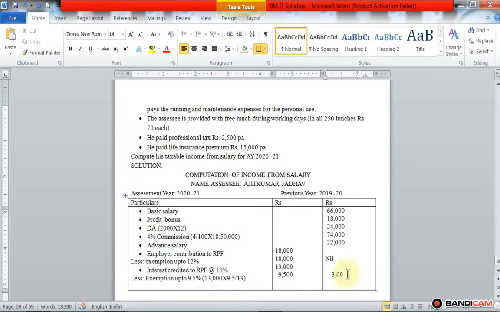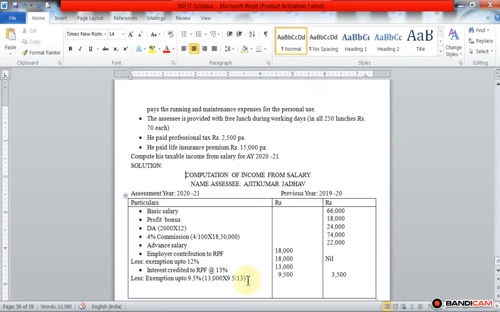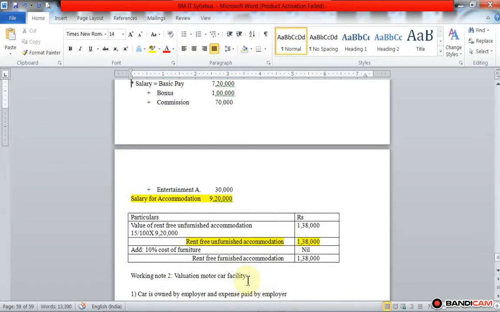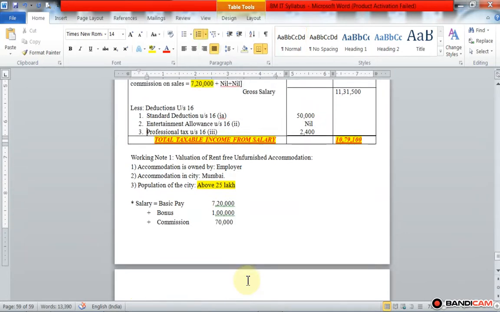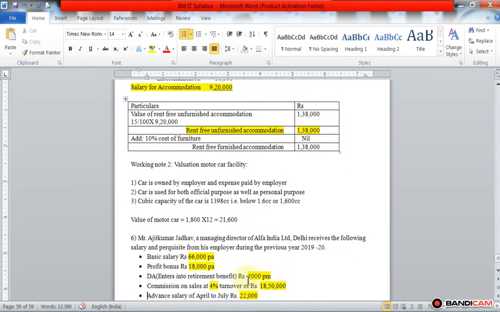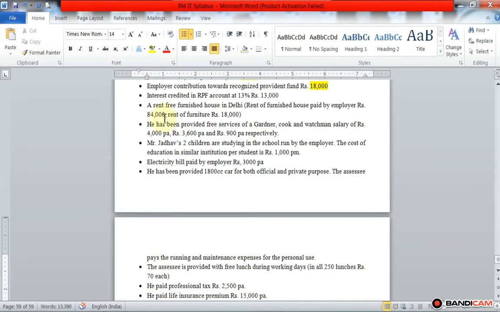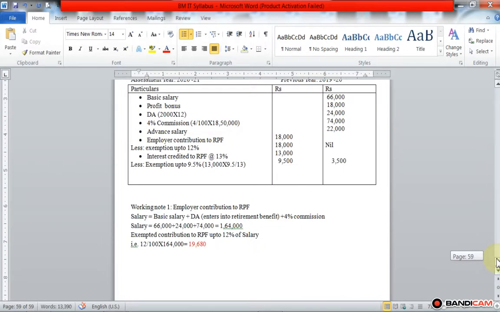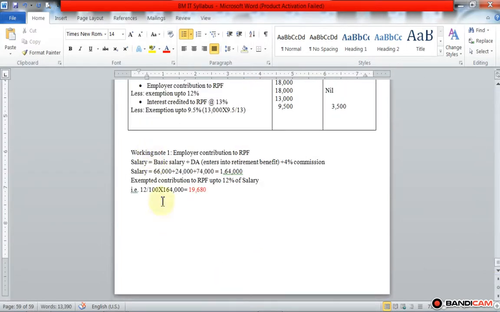Then next is rent-free furnished accommodation. We have to compute the rent-free accommodation. It is a very easy part to compute.